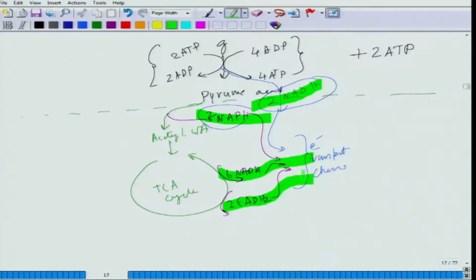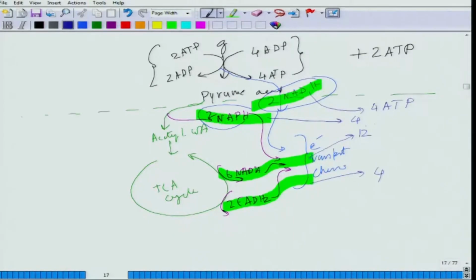And in that process, this is leading to the formation of 4 ATP out here. 2 NADH is again leading to the formation of 4. So, 2 is leading to 4, this 2 is leading to another 4, this 6 is leading to 12, okay. And you have 2 FADH2 molecules which is leading to formation of 4.